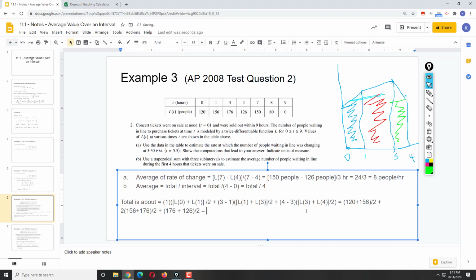This gives us 276 divided by 2 plus 156 plus 176 is 242. 242 times 2 divided by 2 is just 242. Plus 176 plus 126 is 302 divided by 2.